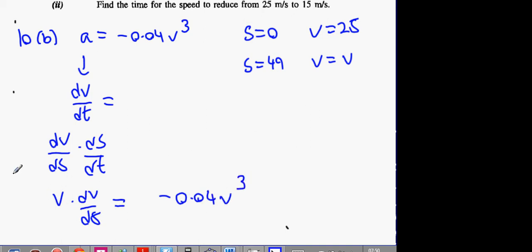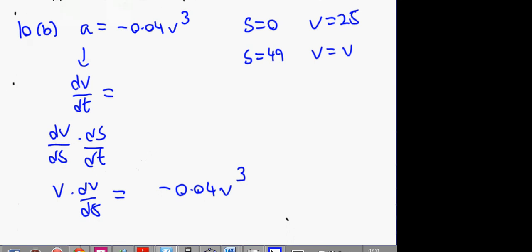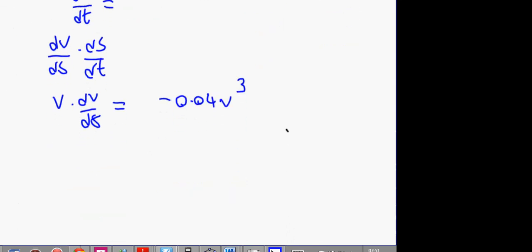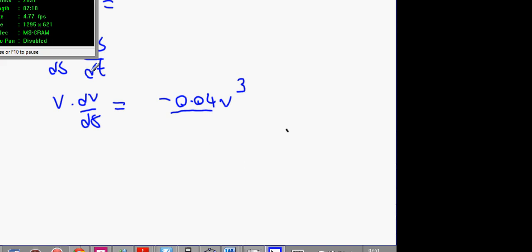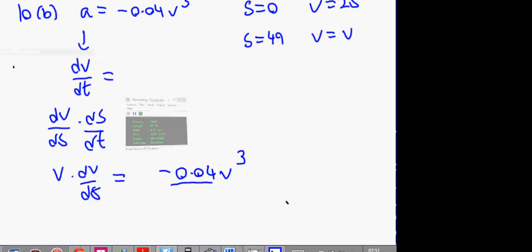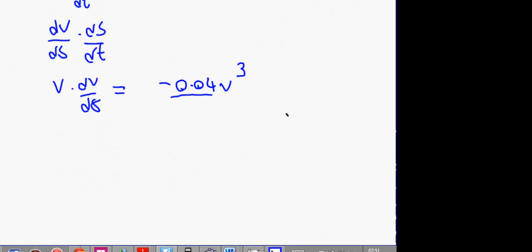Now, what we can set up next is both our limits on both sides, pair them off. One other thing I have to do here, I'm not quite ready yet actually. I have to make sure that I have S on one side and all the V's over the other side. So I'm going to leave the 0.04 where it is, and bring the V cubed down.